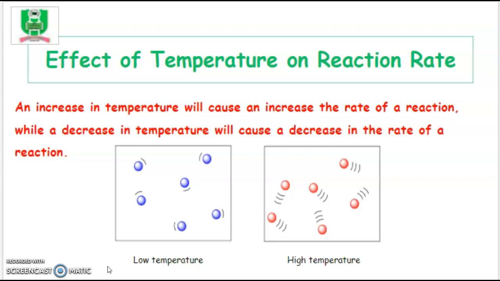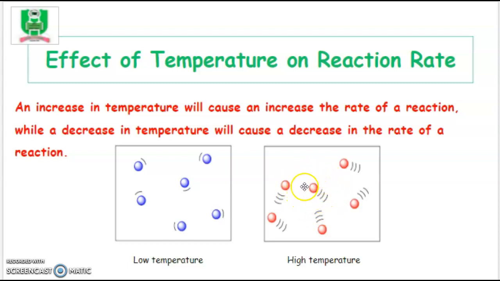Now, if temperature increases during the course of a reaction, what you'll find happening is that as the temperature goes up, the reactant particles will have greater energy. They will be moving a lot faster. And so what those two changes will result in is greater collision amongst the reactant particles.